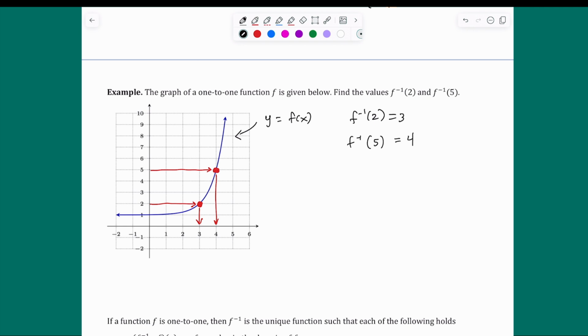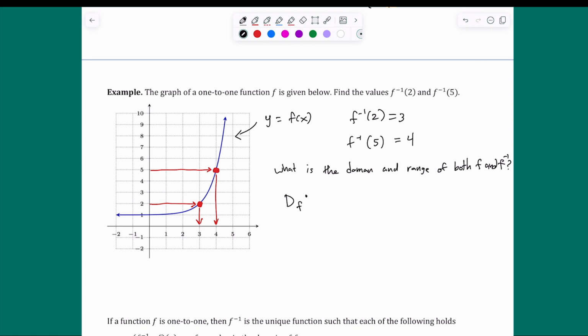All right, I'm going to add to this question here. I want to know what is the domain and range of both f and f inverse. Okay, so first let's find the domain of f and the range of f.